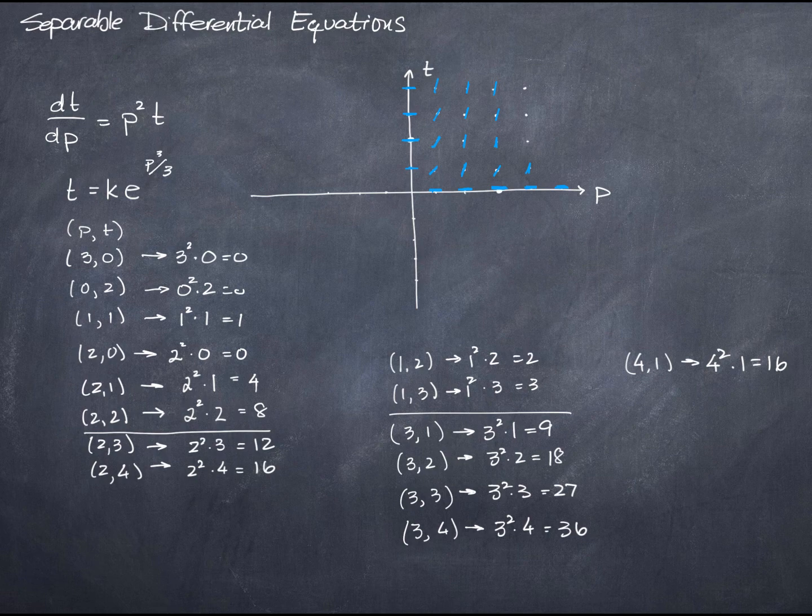When k equals 1, I get t times e to the p cubed over 3. Well, e to the p cubed over 3 looks something like this. At 0, that's when p is 0, t is 1, just as with any exponential function, right? e to the power of 0 is 1.